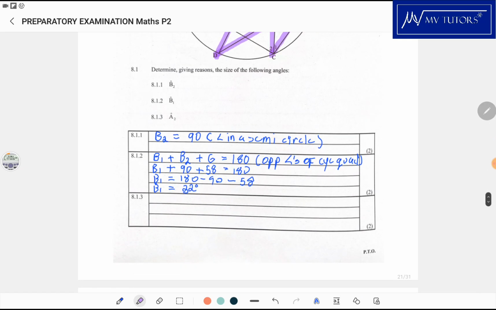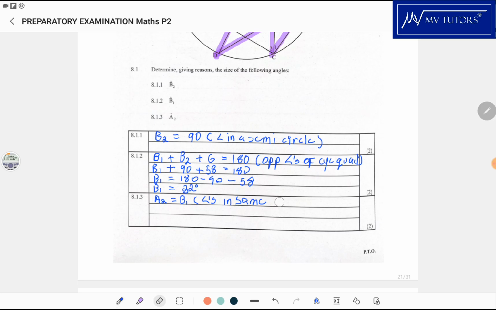So you can now write it down that A2 is equal to B1, and the reason is because these are angles on the same segment. Angles in the same chord, it's up to you, but same segment.